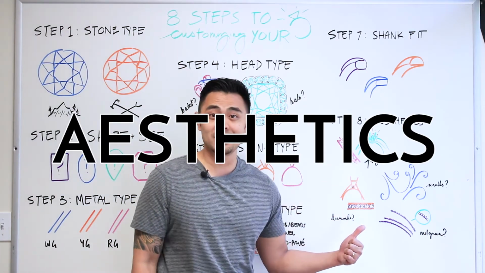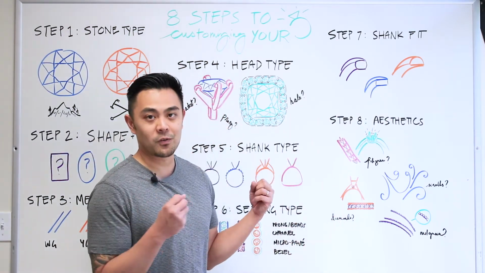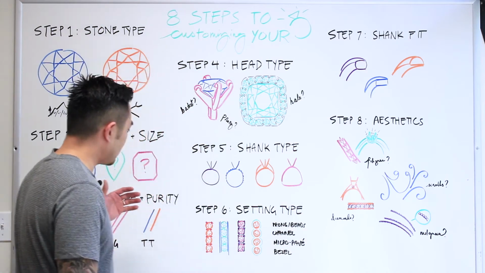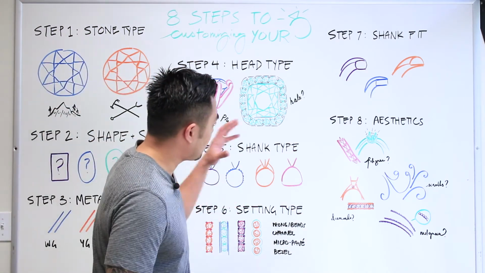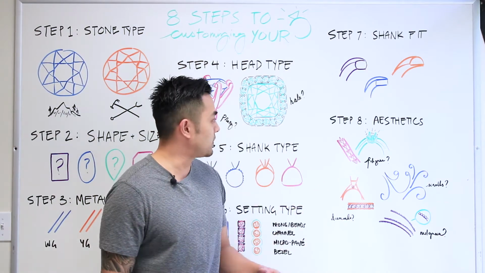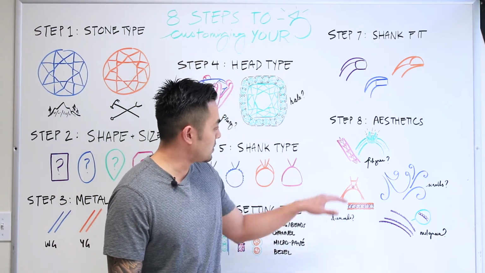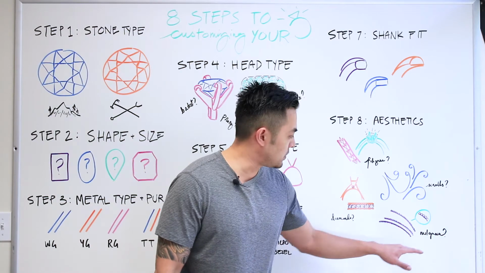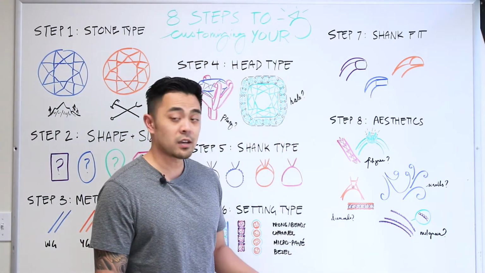This is the best part of designing your own ring because you really get to put your own flair to it. Everything else is pretty much standardized, but when you want to really play around with your own design, look and feel, you get to play around with aesthetics. And there are different keywords that you want to use when working with a custom jeweler.